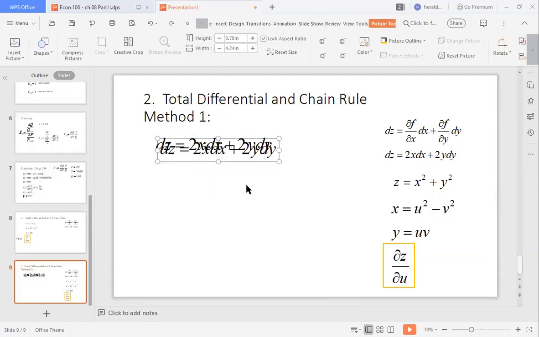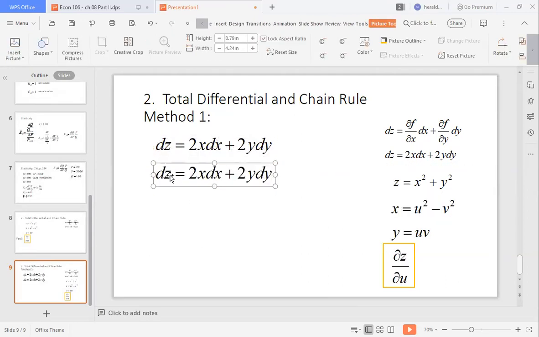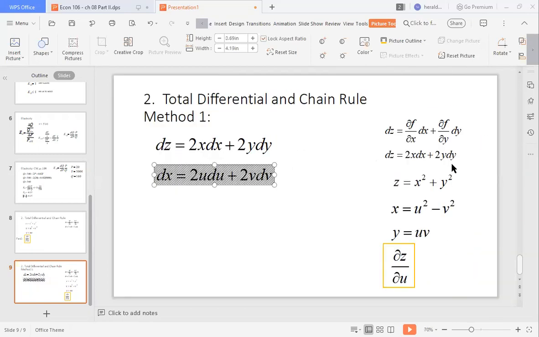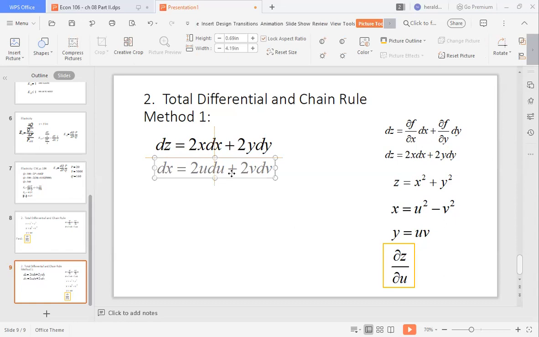So what is the total differential of dx? Again, we look at the equation for x. So that's 2u du, and what is this one? V. So 2v dv. Class, is it clear how we arrive at dx?